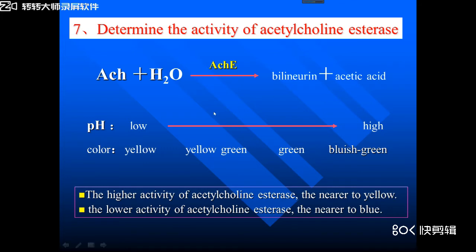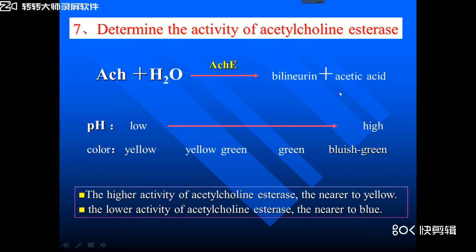So we use these 3 blood samples to determine the activity of acetylcholinesterase. Acetylcholine is added into water, and then acetylcholine can convert into acetic acid.